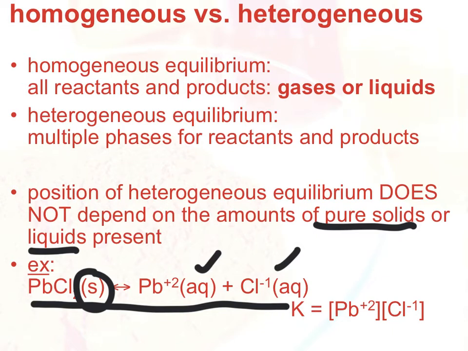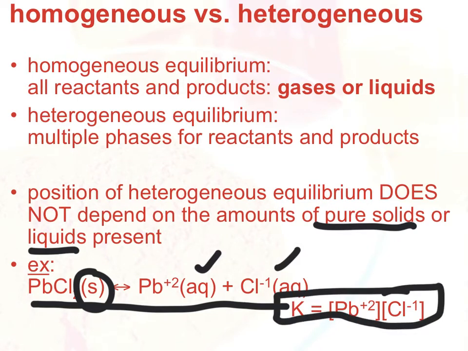So when we go to write our equilibrium expression for this heterogeneous equilibrium, we are going to exclude the solid. Okay, so in this case, PbCl2 is excluded, and we just report our equilibrium expression with respect to the two components that are not a pure solid.